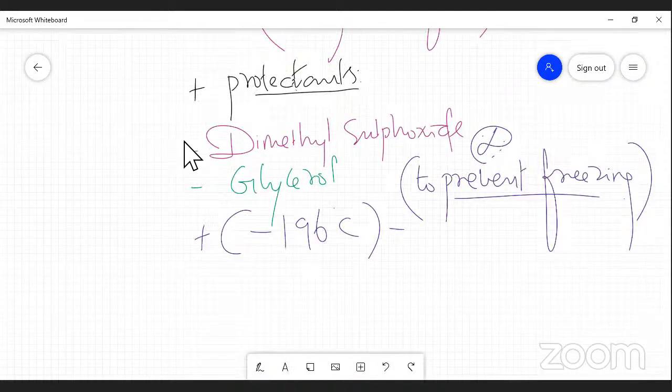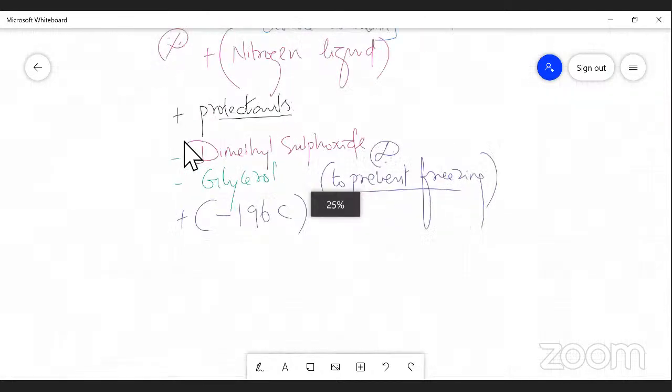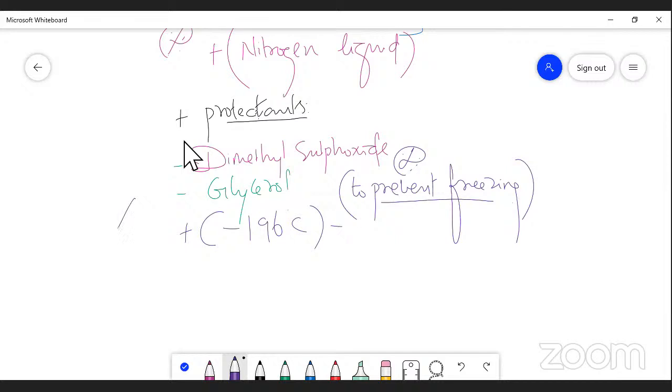Mention the important protectants used in cryopreservation. That is the question. Please understand. Dear students, we have discussed some protectants which are used in cryopreservation. Could you mention them, please? This is a very important question. So let me ask you. Nobody is going to answer.